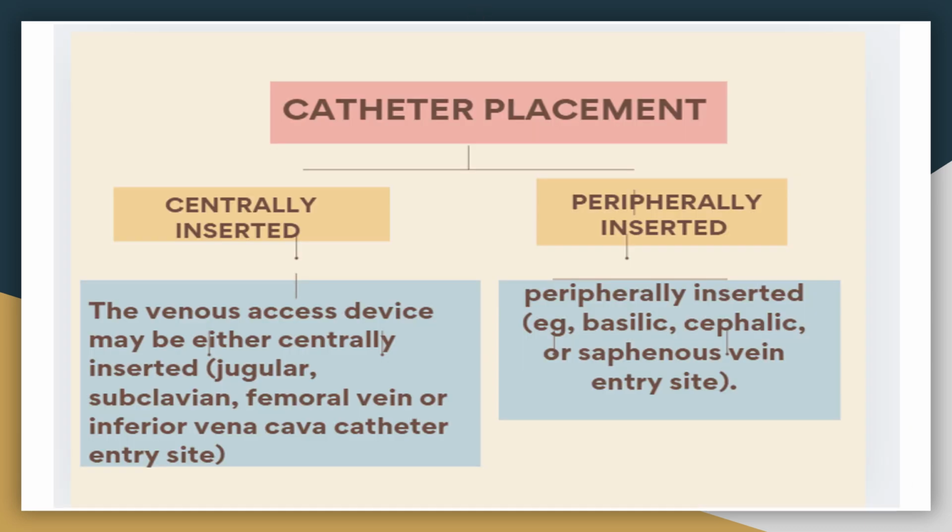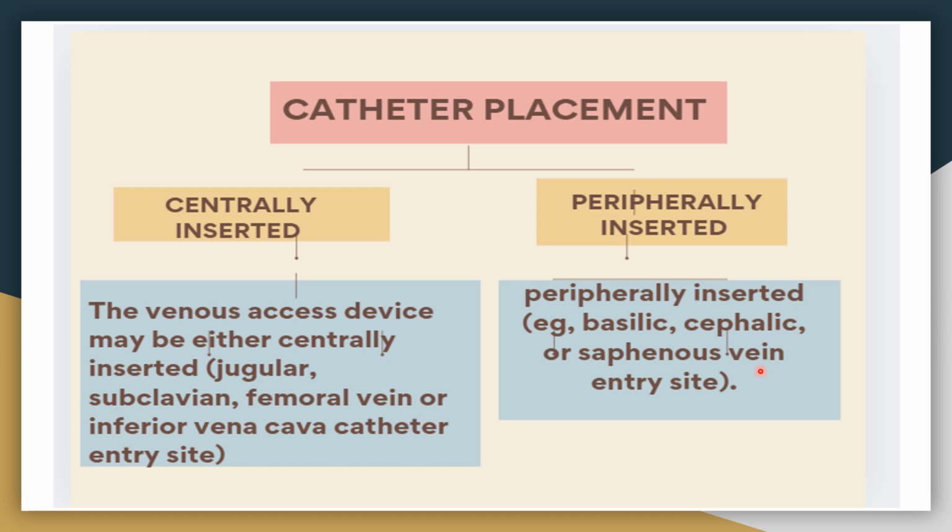So basically the main classification is centrally inserted and peripherally inserted. Centrally inserted is the jugular vein which is there in your neck, the subclavian vein which is there on the chest side, and the femoral vein or the inferior vena cava, which is also the central part of your body. While the peripheral is basically the basilic, cephalic and the saphenous vein.